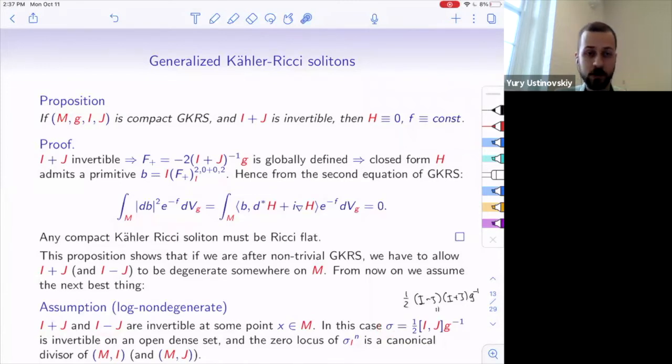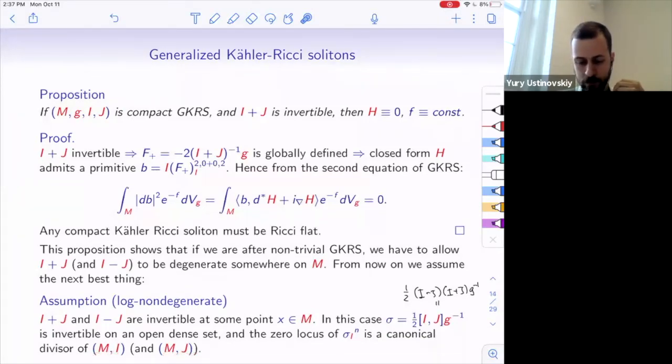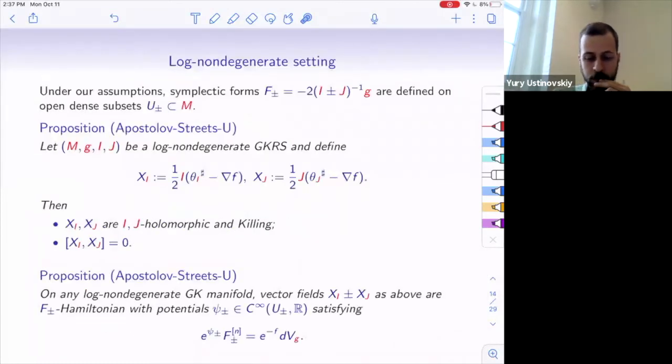And whenever the Poisson tensor is non-invertible, this locus is actually part of the canonical divisor of either Mi or Mj. So these are equivalent in this setting. Under our assumptions, therefore, we still have the symplectic forms, but they are now defined not on your entire manifold M, but on a proper open dense subset of it.